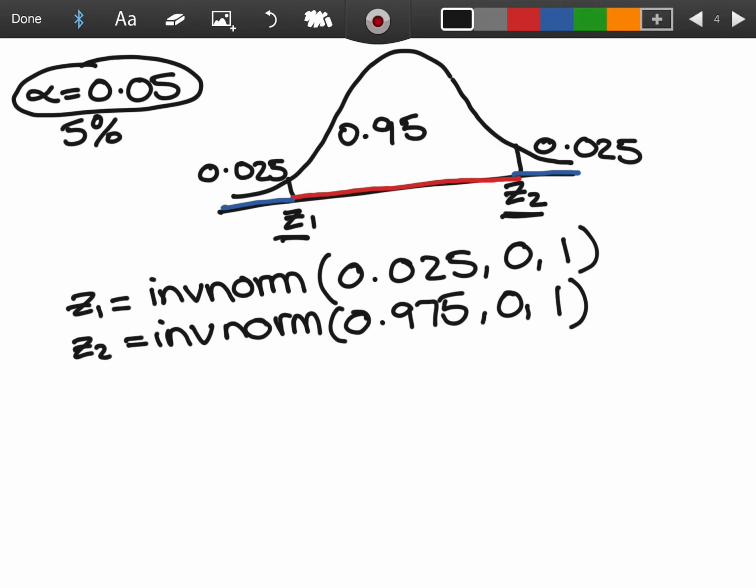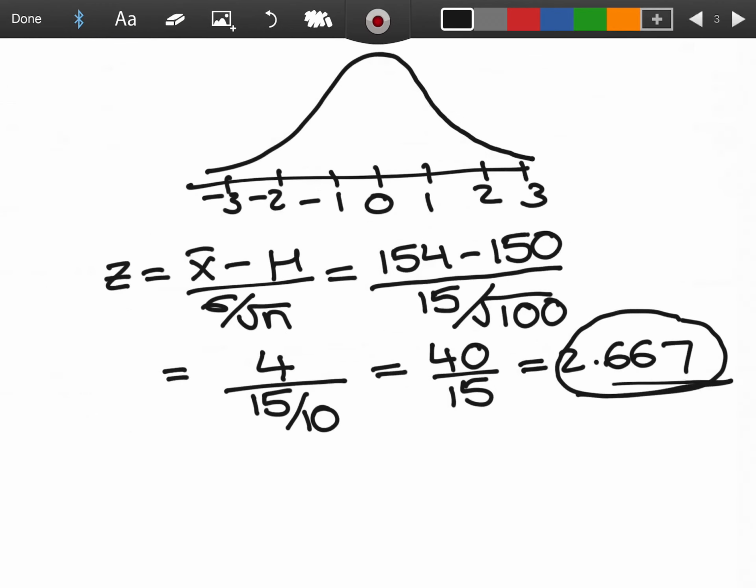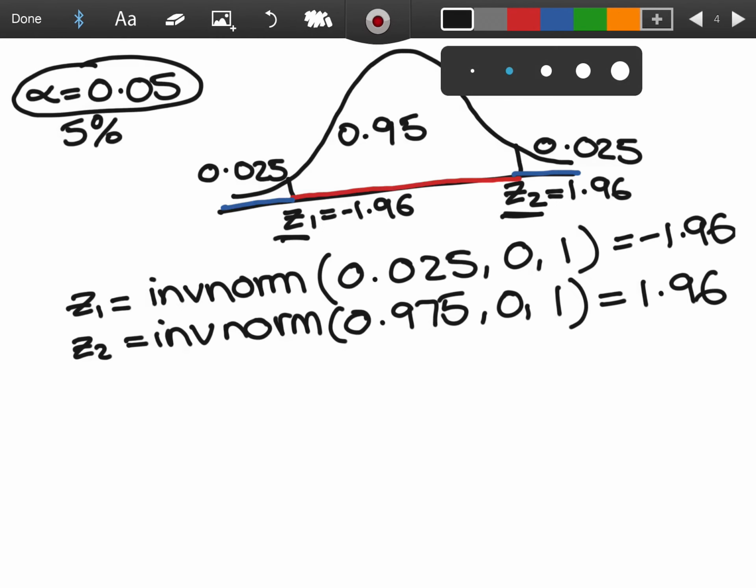When you do that, it ends up roughly Z1 is negative 1.96 and Z2 is 1.96. So in this case, we now need to test our test statistic and see where this thing lies.